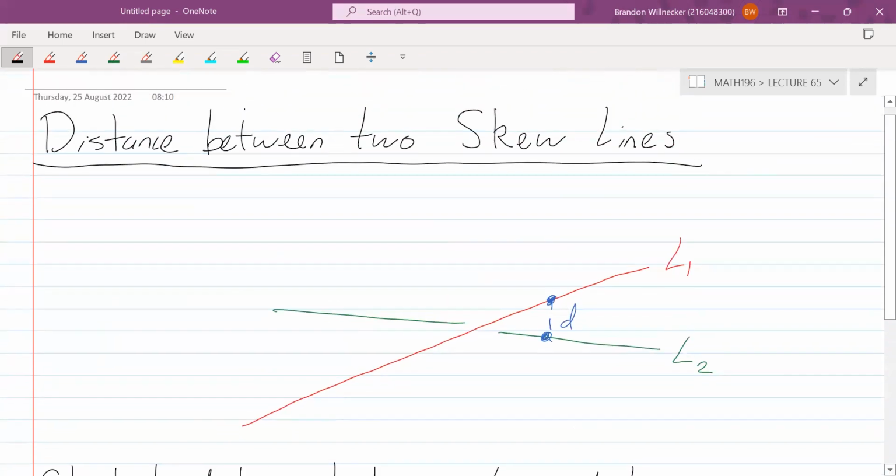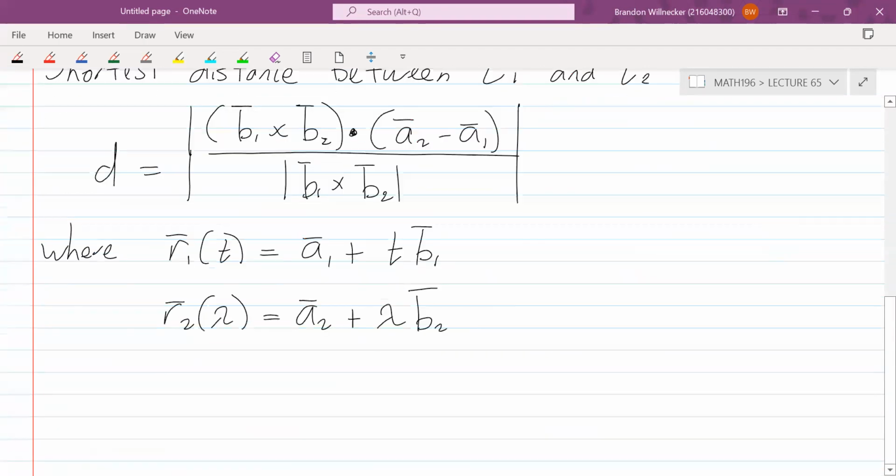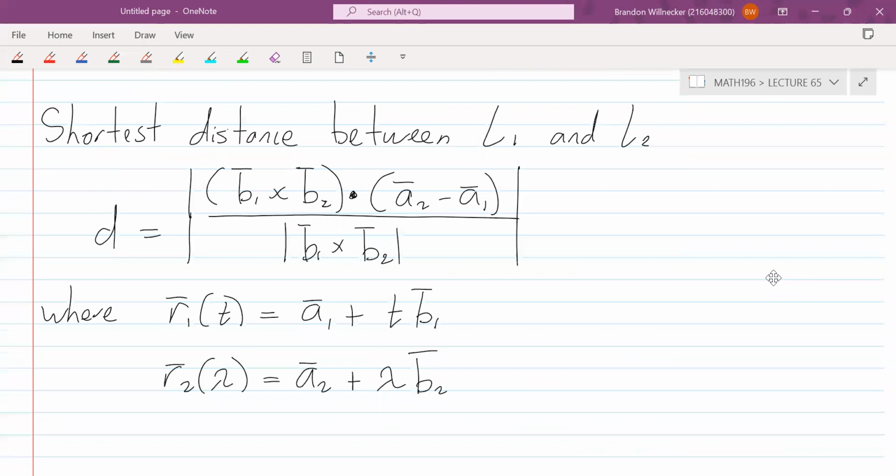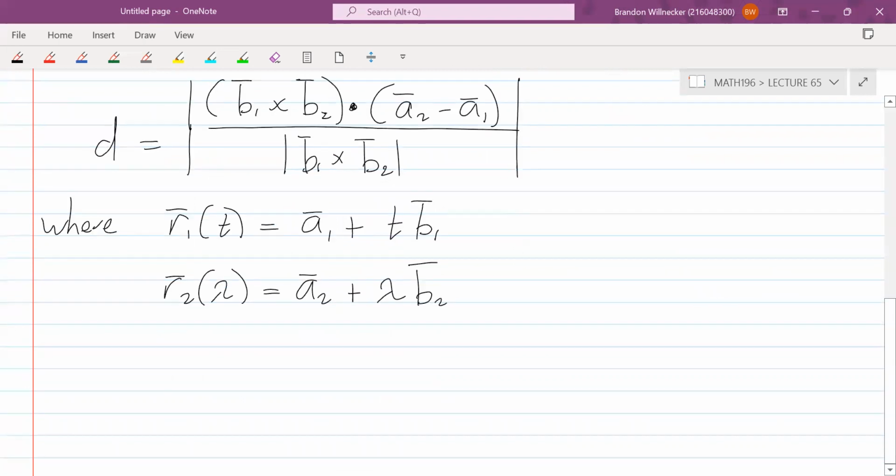So here you need to figure out how do you draw the triangle? What kind of trig do you need to find this distance D? You can think about that for now, but then we'll go over it properly next time. But I just wanted to show you the formula so that you can do a couple of examples as homework.